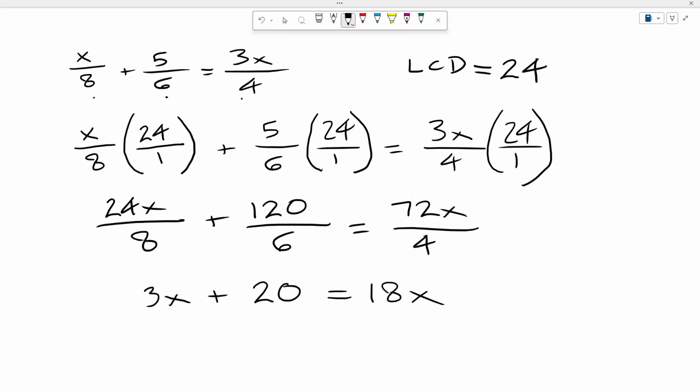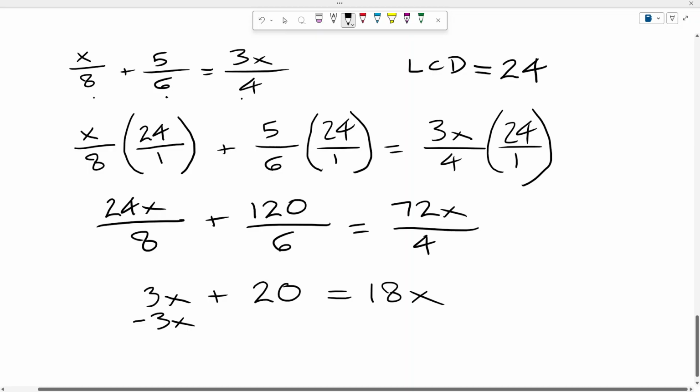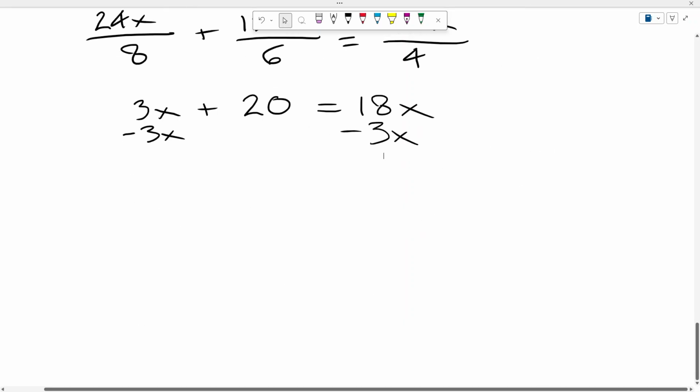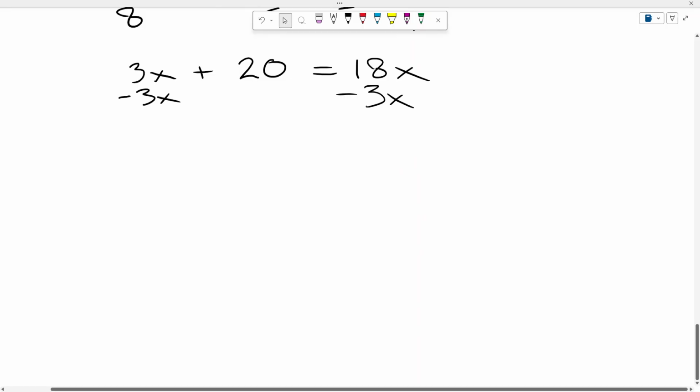And then let's combine our like terms, and we just have the number with the x variable to worry about, so minus 3x minus 3x. So we end up with just 20 left over on the left side.